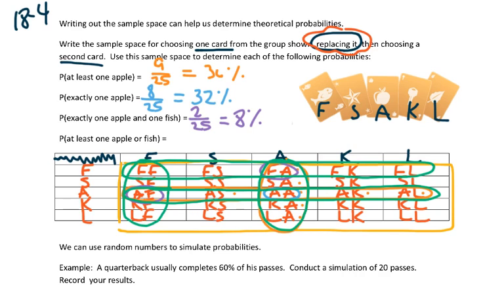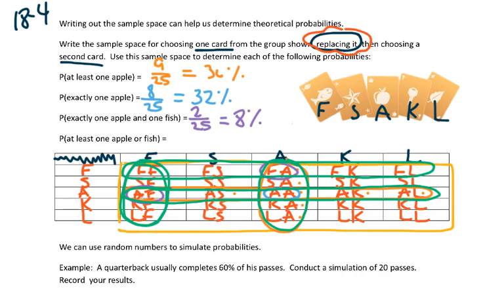So I have 5 here, 6, 7, 8, 9, 10, 11, 12, 13, 14, 15, 16.